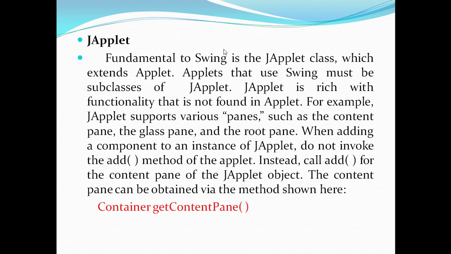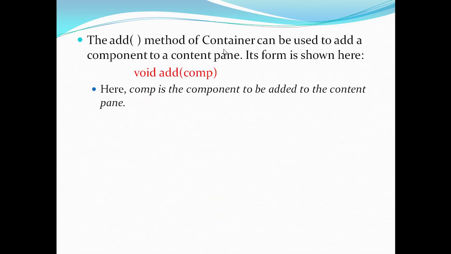By using this method, we can obtain the content pane for the JApplet. The add method of Container can be used to add a component to a content pane, and its syntax is void add(Component comp). Here comp is the component to be added to the content pane. Like this, you can use JApplet for performing Swing programming tasks.